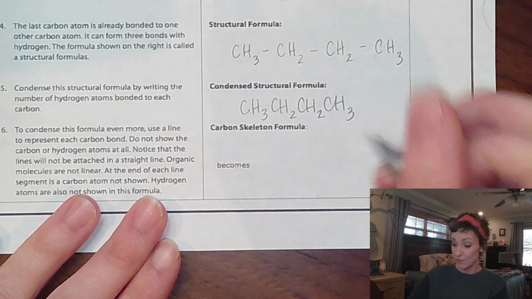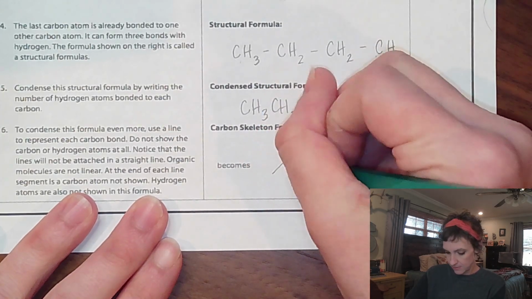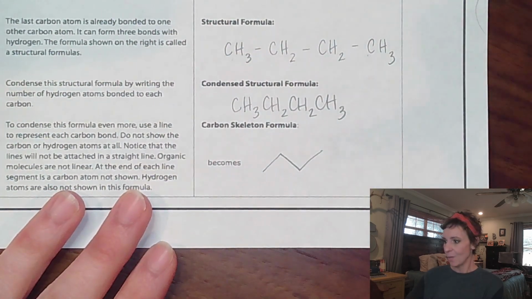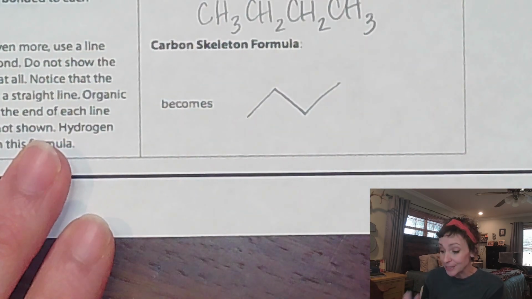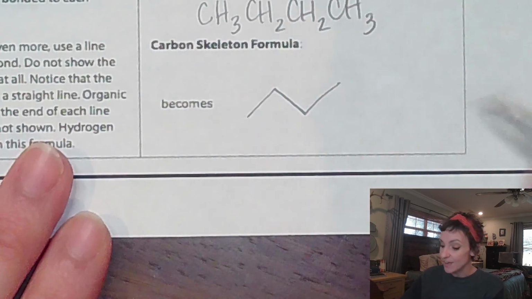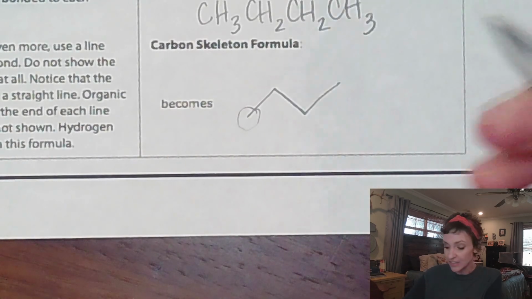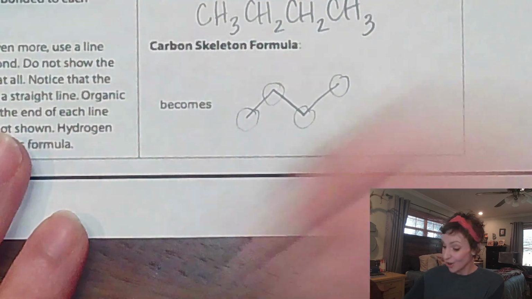So a butane skeleton formula is going to look like this. There it is. You were like, what did she just draw here? Okay, the way a skeleton formula looks, or what is understood by it, is every single time you see a point or an end of a line, those are actually carbons.